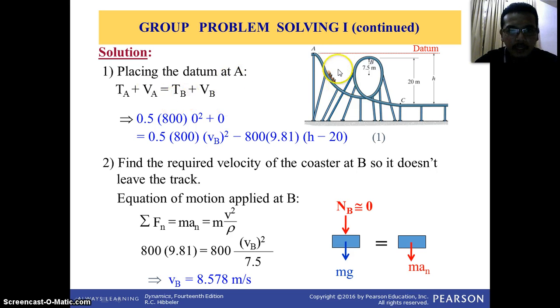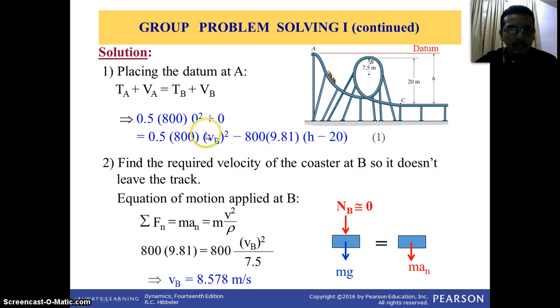So TA plus VA, the total energy at A, equals the total energy at B. Initially TA is half mv squared, at rest, so velocity at A is 0, and the potential energy is 0 because the height is 0. So TB is half m vB squared, minus because this one is going downward, mass is 800, g is 9.81, the height is h minus 20.